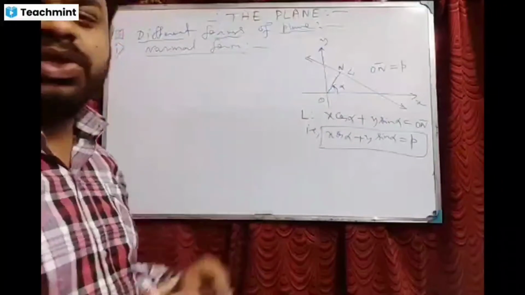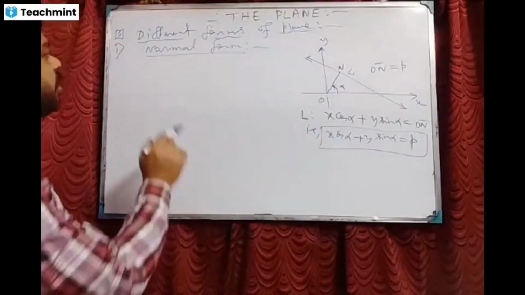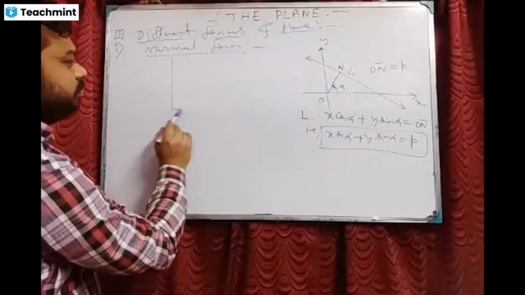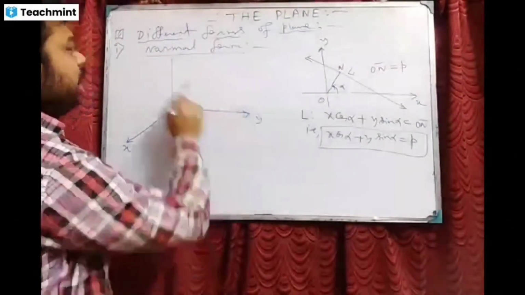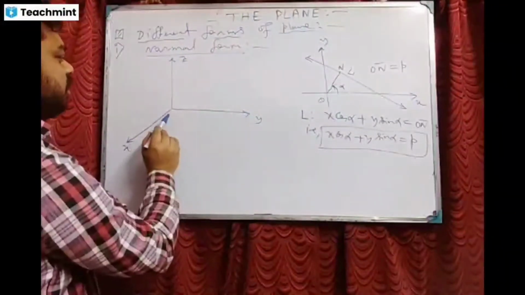Similarly, in 3 dimensions. Say this is our x-axis, this is y, this is the z-axis, and this is our origin.